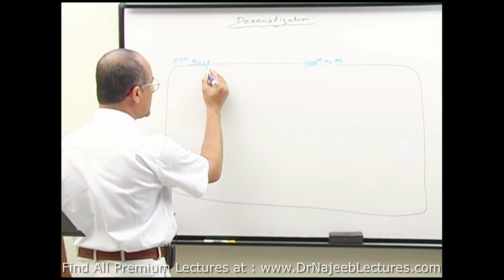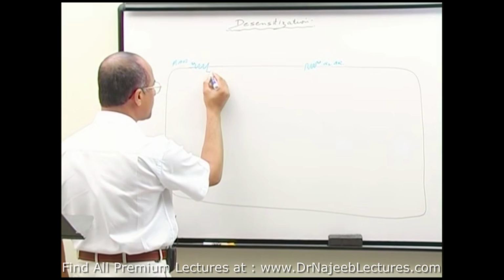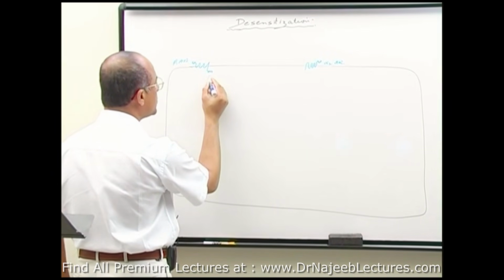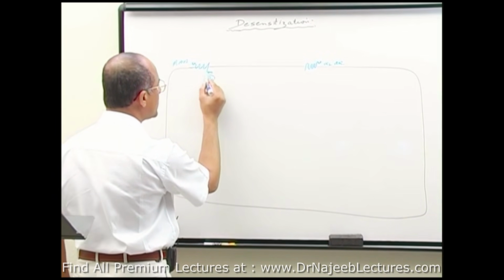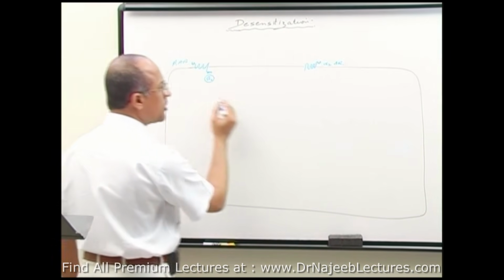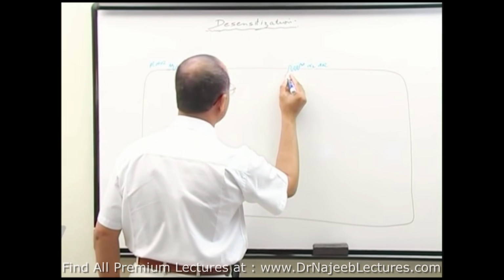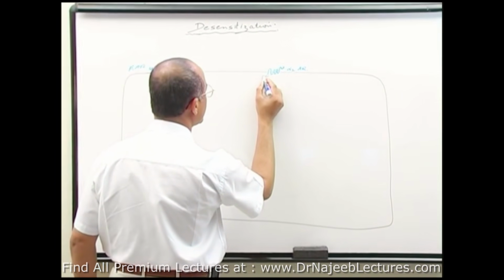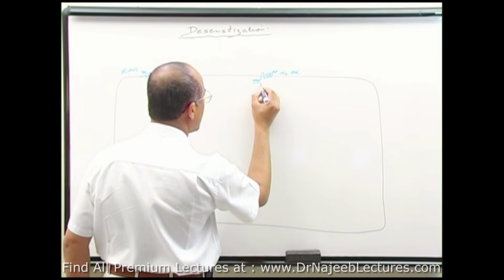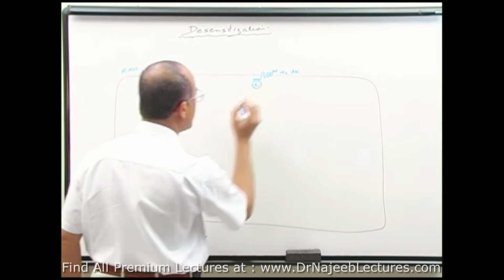All of you know that the beta 1 adrenergic receptor stimulates the alpha component of G stimulatory, and the alpha 2 adrenergic receptor stimulates intracellularly the alpha component of G inhibitory.